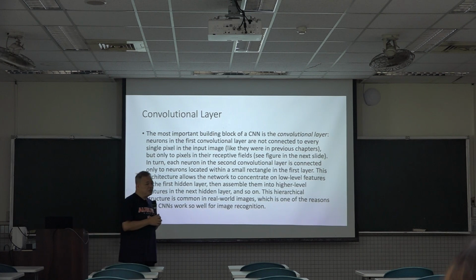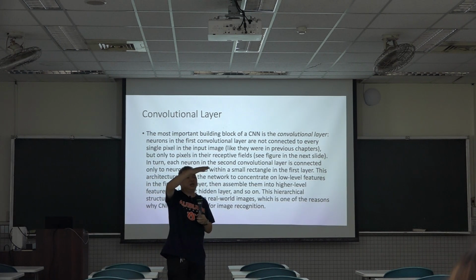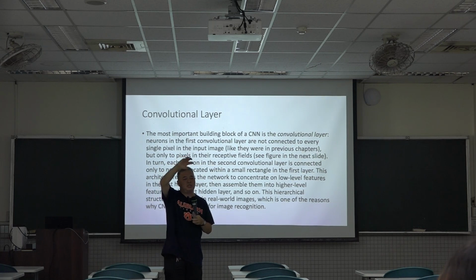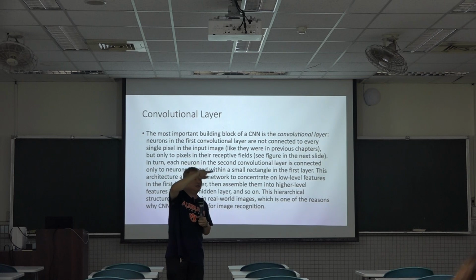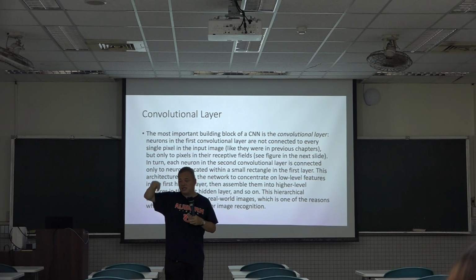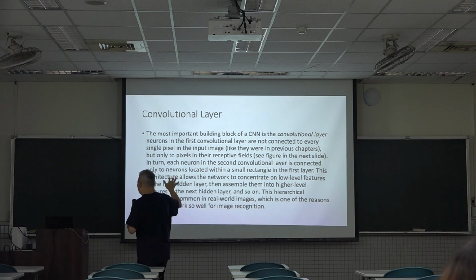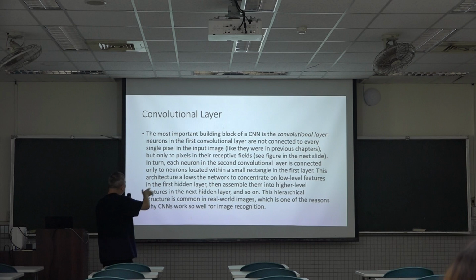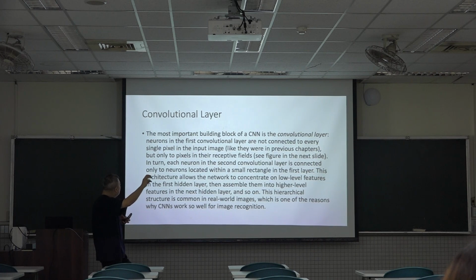Remember, in the DNN, the neurons in the first hidden layer receive input from every input neuron. But for the CNN, for the first convolutional layer, the neurons are not connected to every single pixel in the input image.